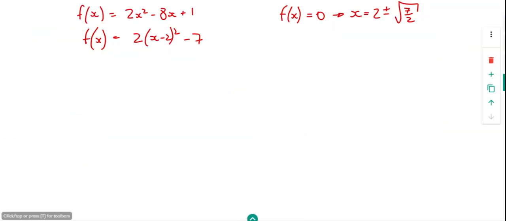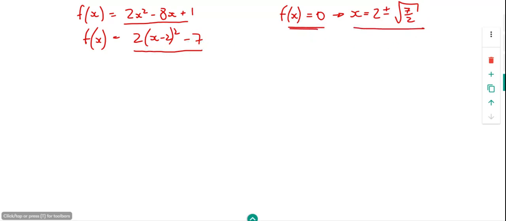So continuing from where we got up to, we'd got our original function 2x squared minus 8x plus 1. We put it into completing the square form, 2 times (x minus 2) all in a bracket squared, minus 7. And we'd found the solution for f of x equals 0 by using the completed square form.